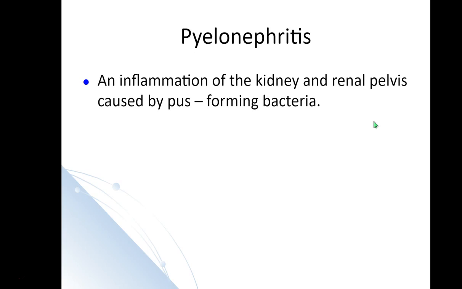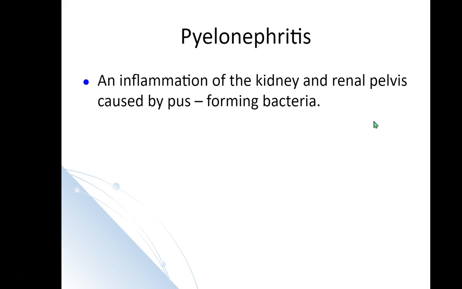And remember, think about your diagram of a nephron. Those collecting tubules, in pyelonephritis, you have inflammation around those tubules. Remember, glomerulonephritis involves inflammation of the glomeruli. So, please just know the definition for pyelonephritis.